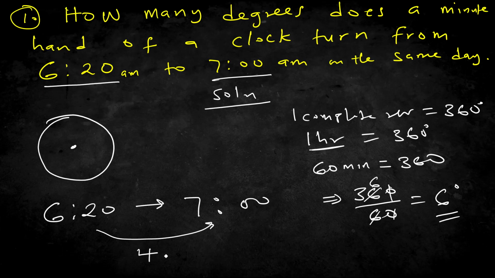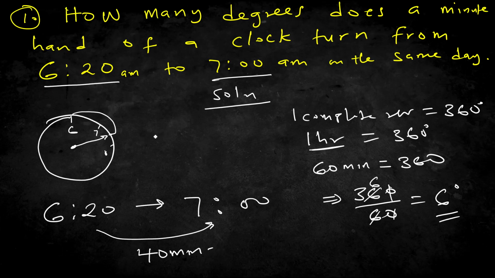This side is 6 and this side is 7, so 6:20 is somewhere here. From this side to this side is what we mean.